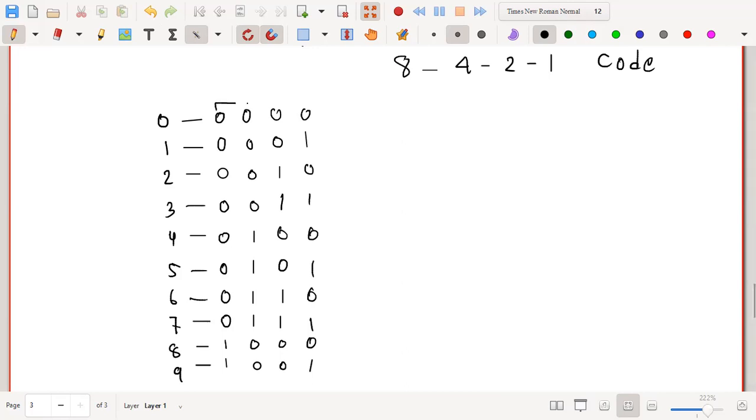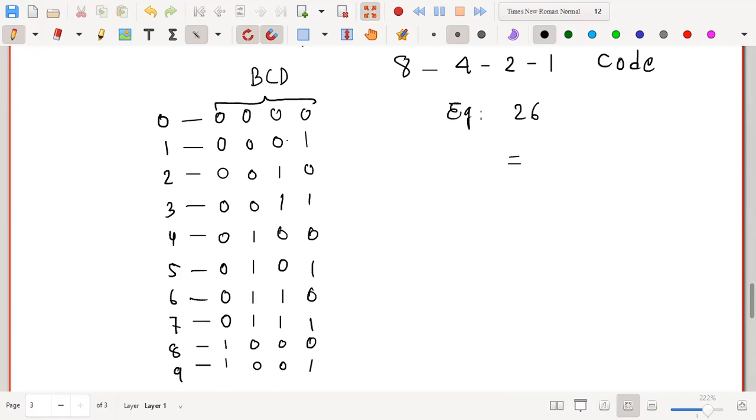So this side is our BCD representation, and it is also known as 8421 code. Now, for example, suppose the question is to represent 26 in BCD, binary coded decimal. How would you represent it?